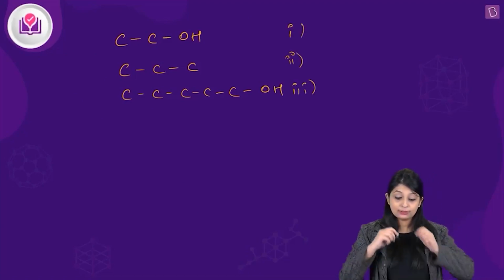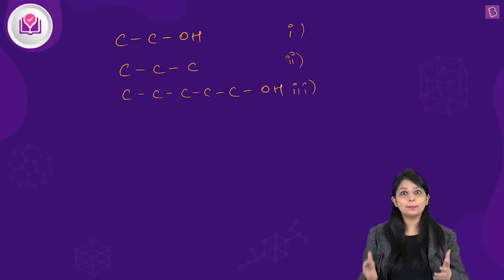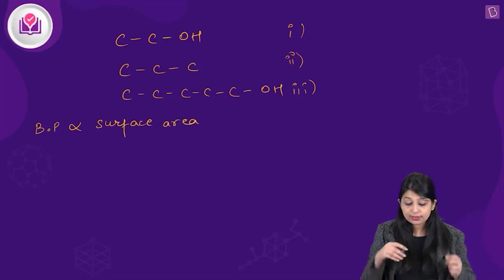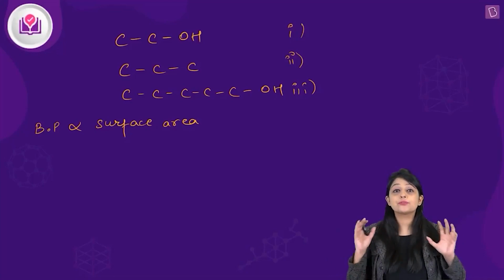Okay. Now, first thing that we need to know is what factors does boiling point depend upon? Well, boiling point is directly proportional to surface area. So more the surface area, more will be the boiling point, because more are the van der Waals forces.